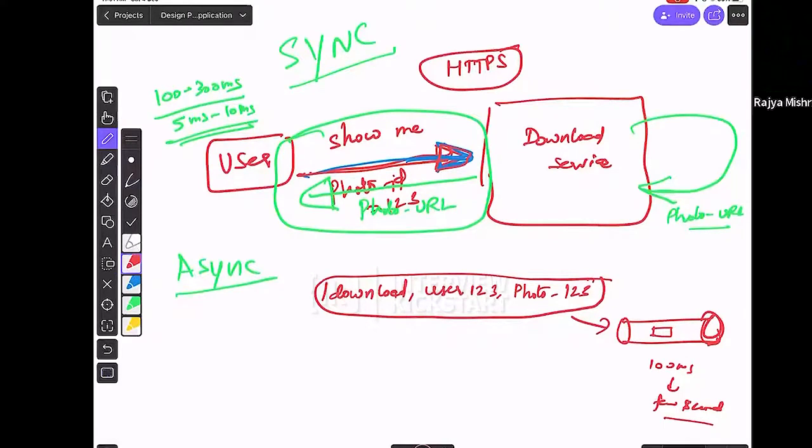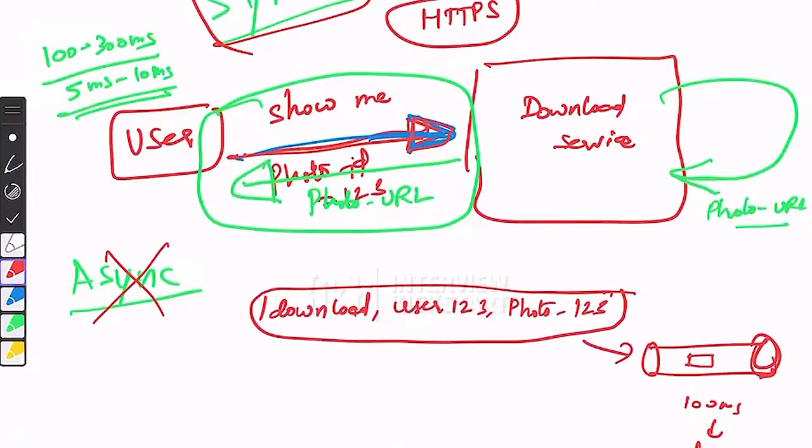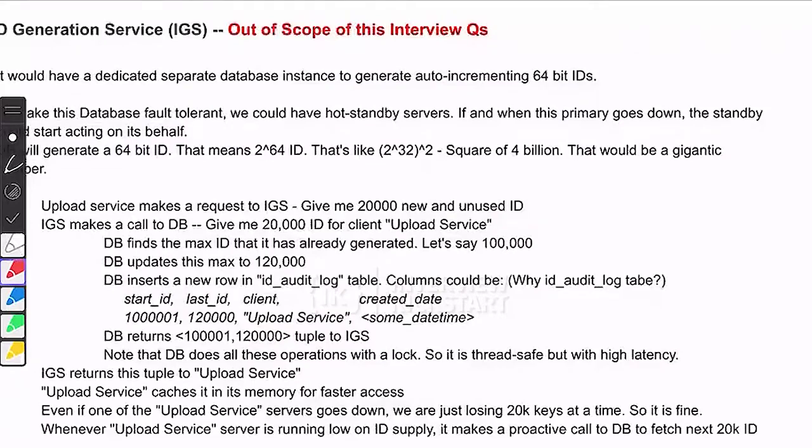We have seen in the non-functional requirements itself that it is a big requirement for us. So that's why this call has to be synchronous. It cannot be asynchronous. I hope it is clear. Yes, Bharat, we will talk about the caching part. Don't worry. Okay. So let's move to the next part.